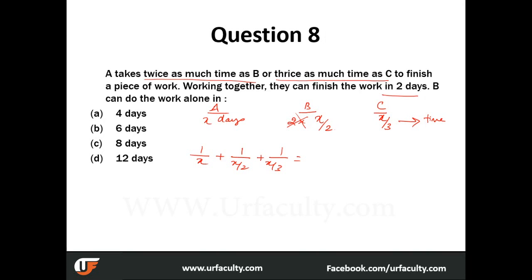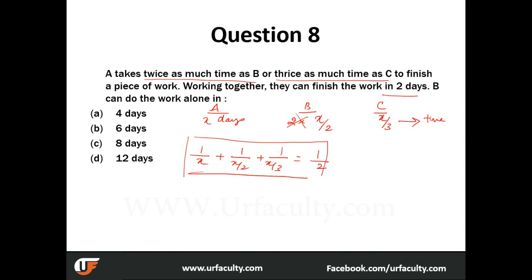They are saying they can finish the work in 2 days. So if they all work together, they can finish 1/2 of the work, or half the work, in one day. That is what the statement means, right? If they can complete a work in 2 days, in one day they will complete half the work.